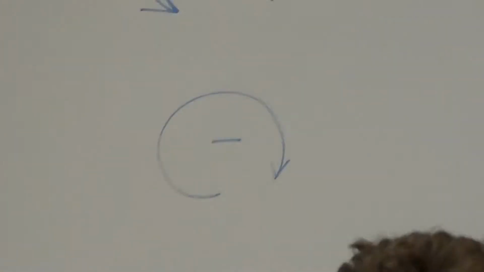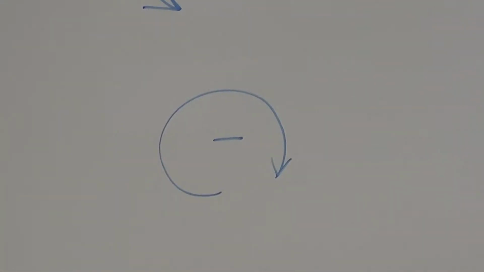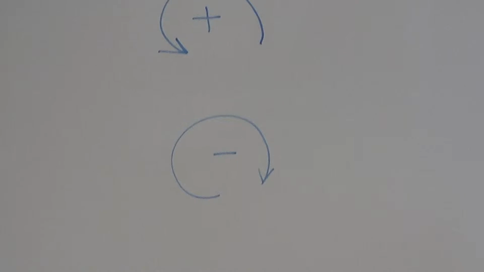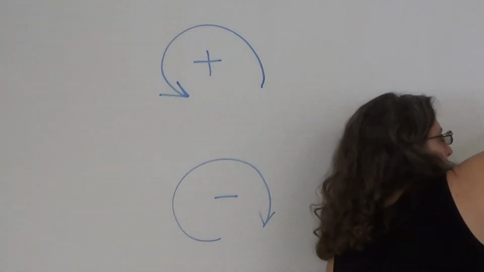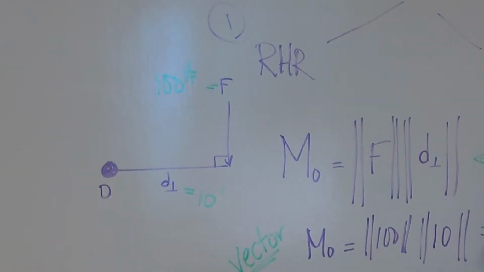We all have that. Math, physics, and engineering agree on the notation for the direction. So fingers go in the direction of the force. Palm goes towards the point I'm finding the moment about. I got it negative. So the direction is determined from the right-hand rule. Everybody good?